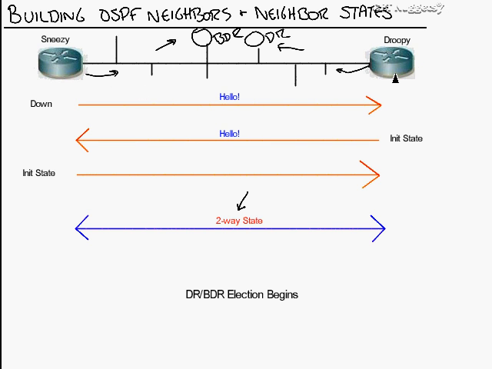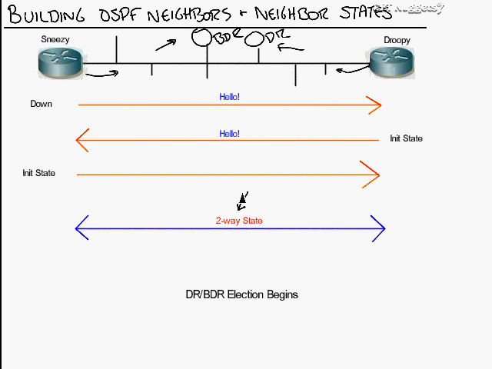And I want to emphasize that point because I used to freak out. I would do a show IP OSPF neighbors on a broadcast segment. I would see some of them forming full relationships and some of them forming two-way relationships. And I'm thinking, oh no, something's wrong. Sneezy and Droopy aren't communicating. They have two-way relationships. Well, the reason why is because they will not form relationships between each other. They only form relationships between these two.